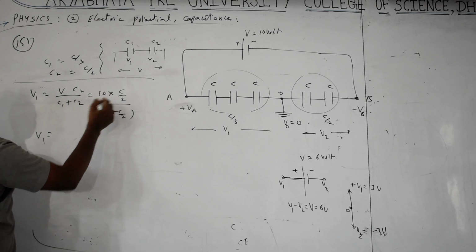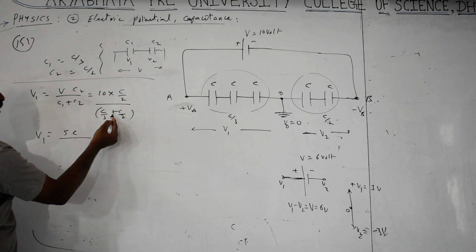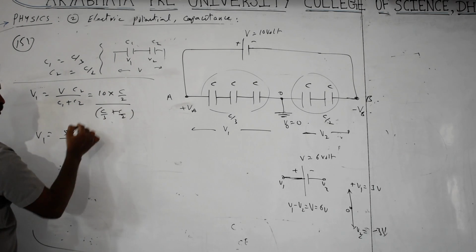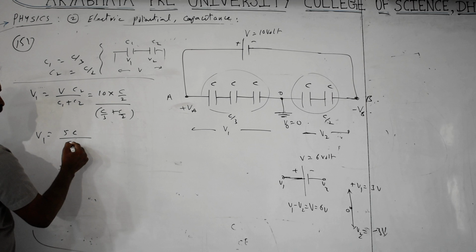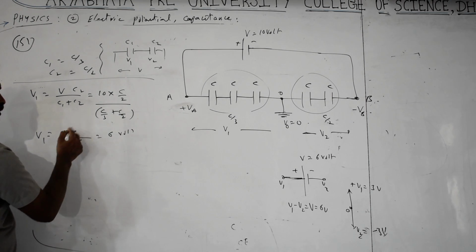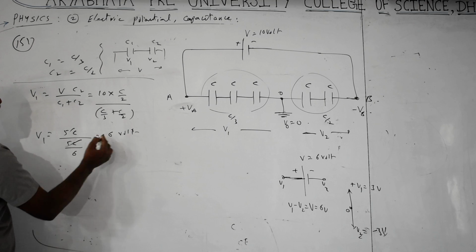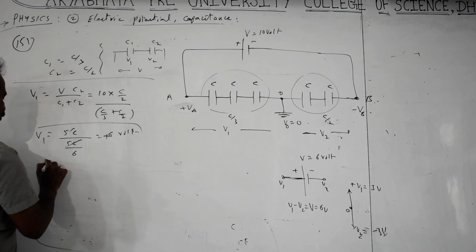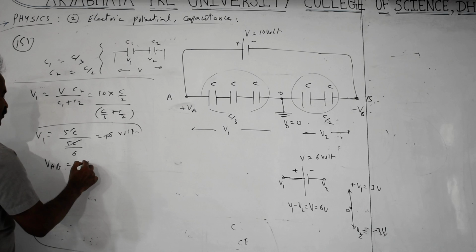This is 5C by 6, the numerator 5C, again by 6, volts. The 6 goes to the numerator, you get 6 volts, and it is plus 6 volts. So VAB equals plus 6 volts.